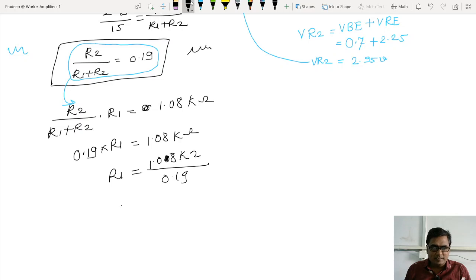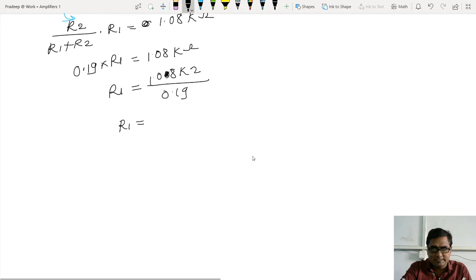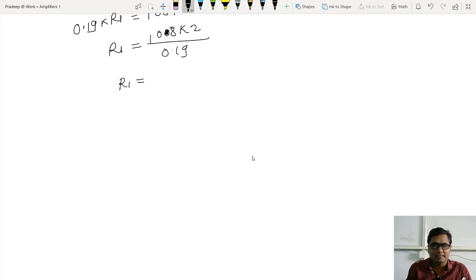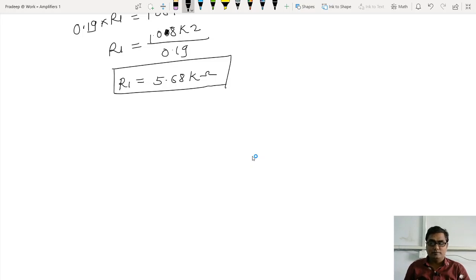If I use my calculator instead of my brain, then I can calculate the value of R1 is around 5.68 kilo ohm. Yes, 5.68 k is the value of R1.